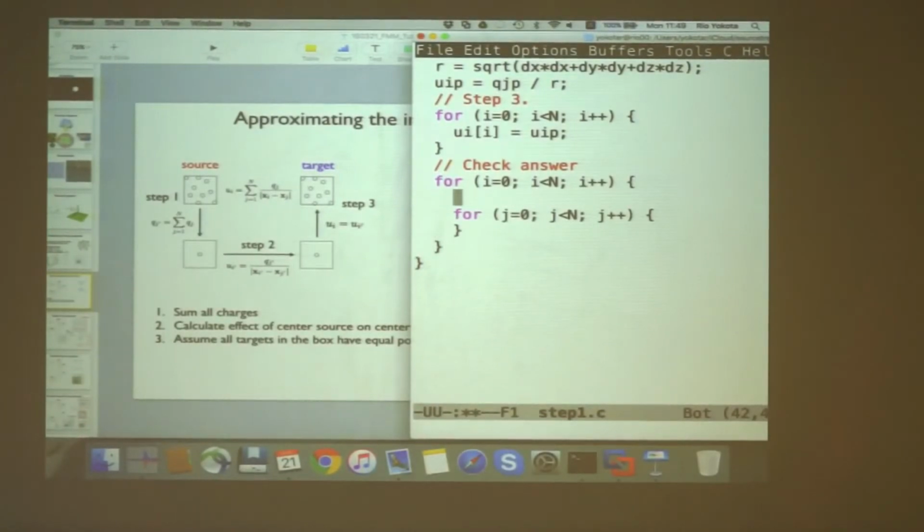Let's call this ui direct or something, uid.